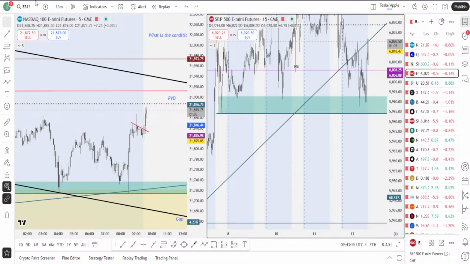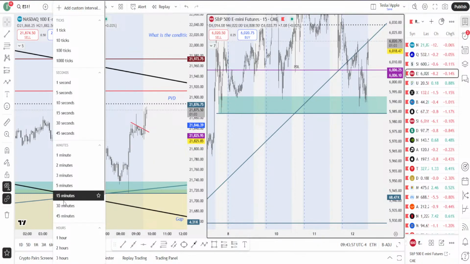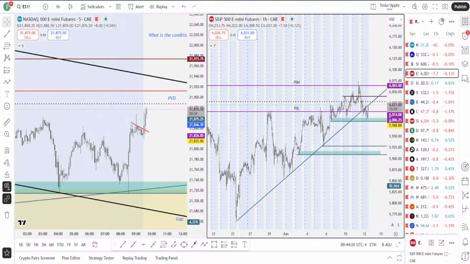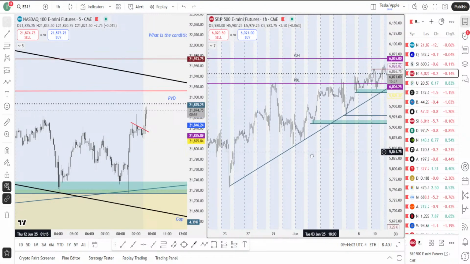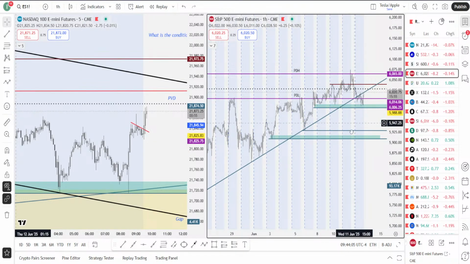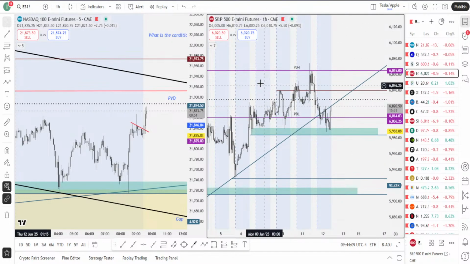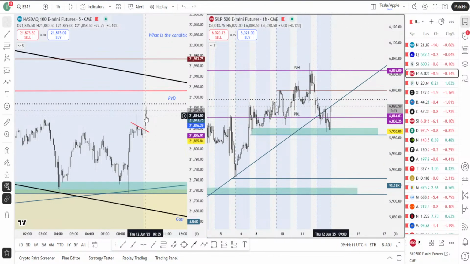All right, so we got SPY on the hourly. Let's mark on trend line. We have a broken support or trend line right here. So the ES is actually looking a little bit more bearish than the Nasdaq here.